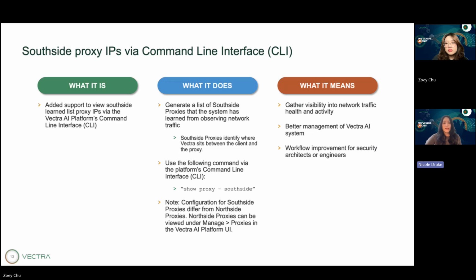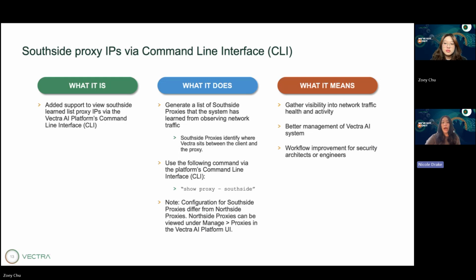So this Southside proxy will help identify proxies where Vectra sits between the client and the proxy. And this differs from our Northside proxies, which are configured a little differently in the UI under the Manage dropdown to proxies.